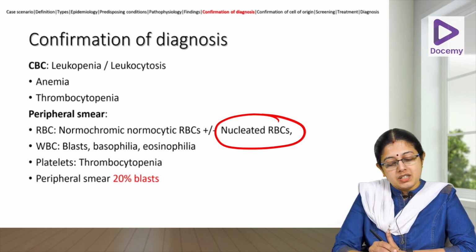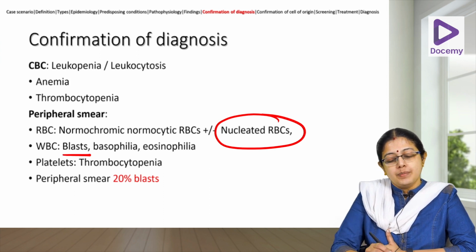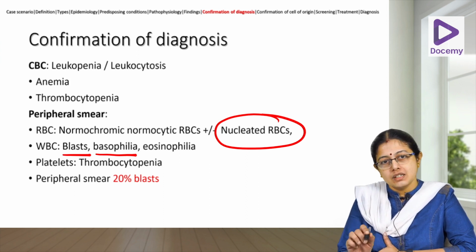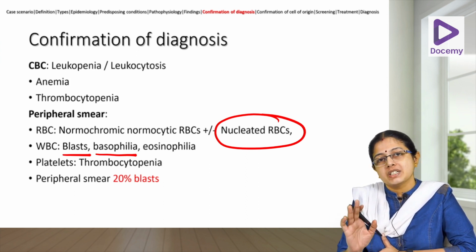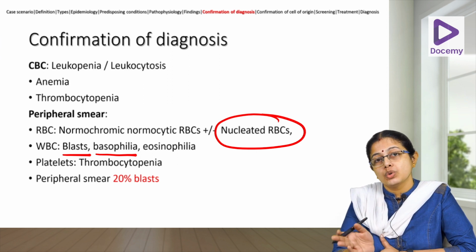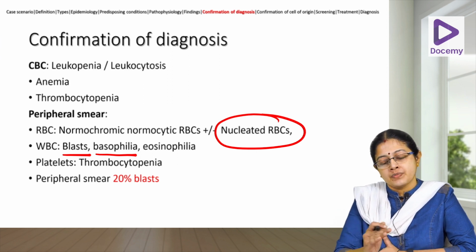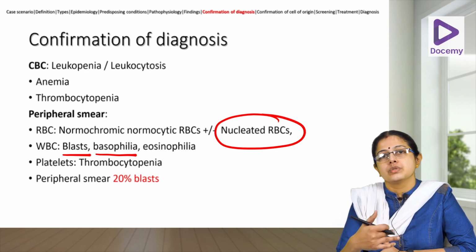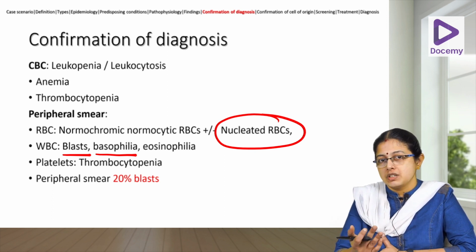Findings in the WBCs: the blasts may or may not be present. Basophilia: less than 1% basophils in the differential is normal in a peripheral smear, one cell is acceptable, but more than 1% basophils in the peripheral smear should alert you to evaluate this patient further.